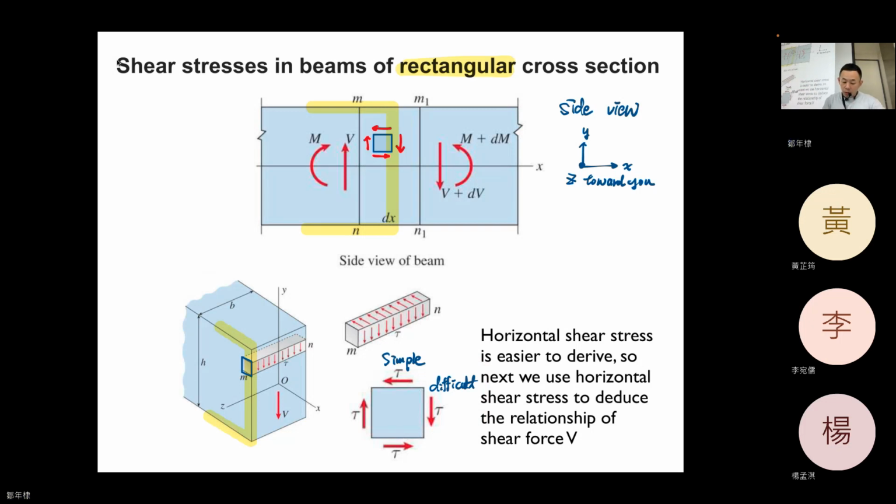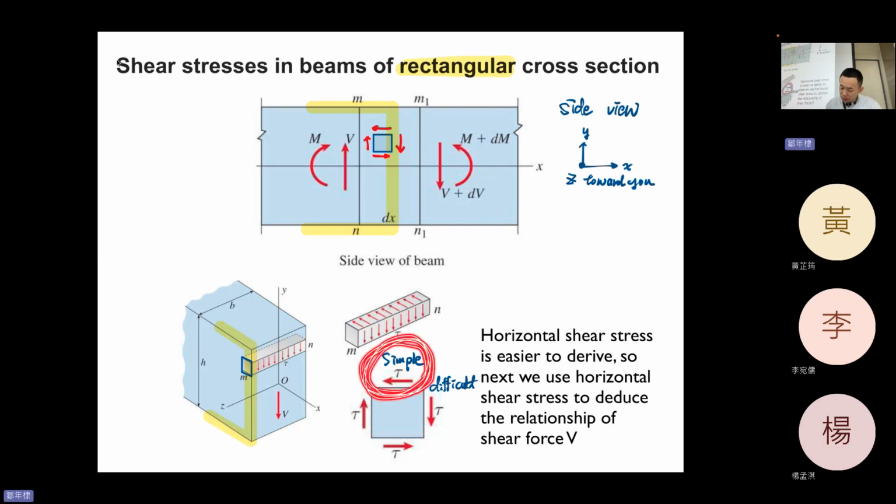So because of that, we are going to determine the simpler one, the horizontal one, and once we obtain the value, we immediately get the tau in the vertical part. Okay, so we're now focusing on this one.